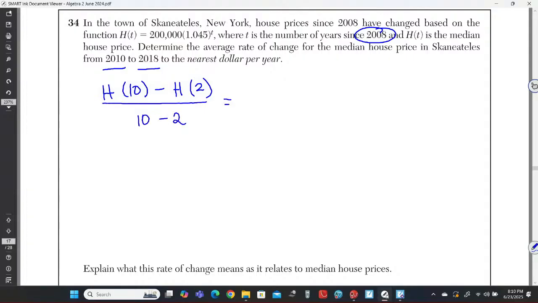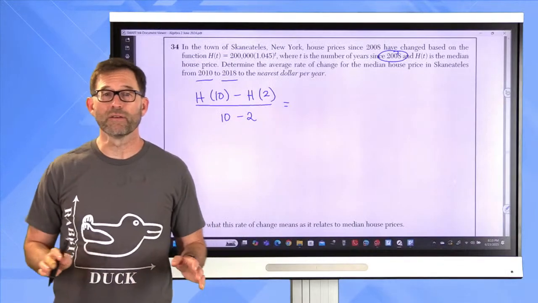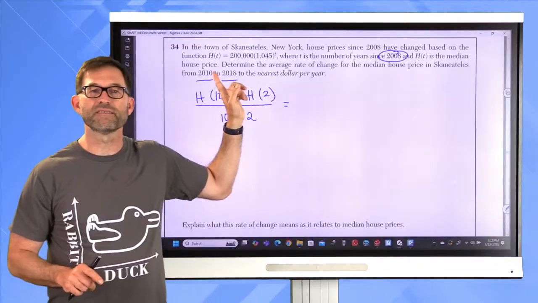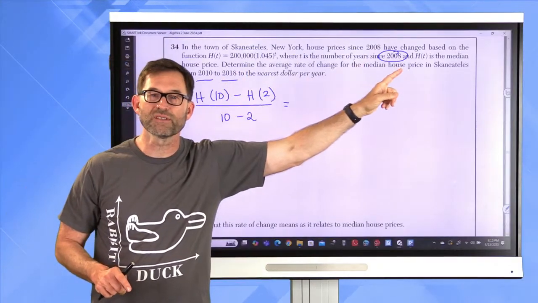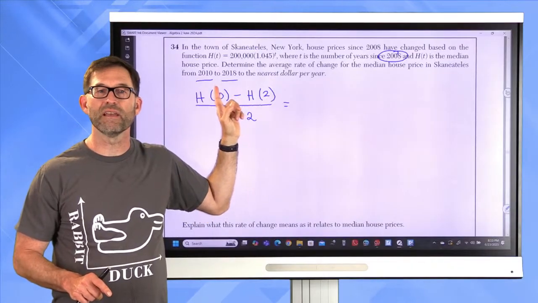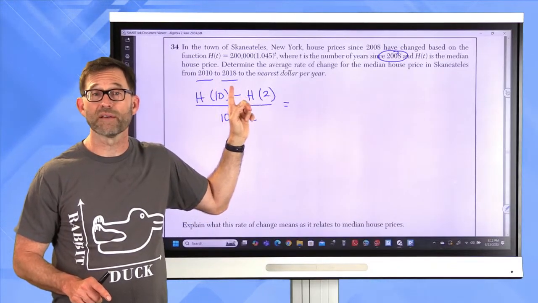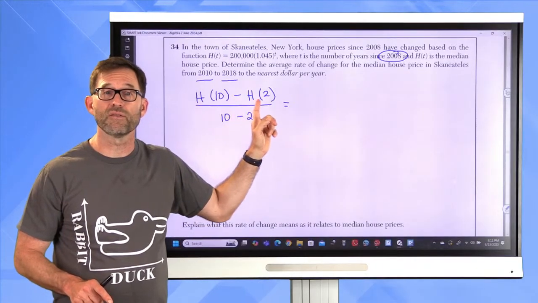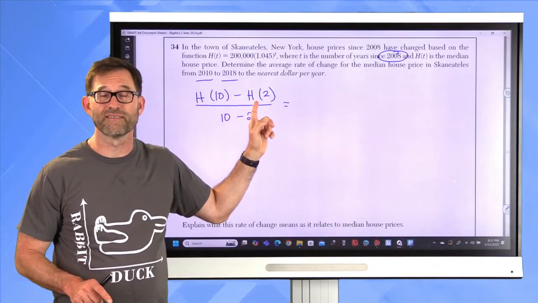Again, keep in mind it's h of 10 because t represents the number of years since 2008, and we're talking about 2010 to 2018, so 10 years at 2018, 2 years at 2010.